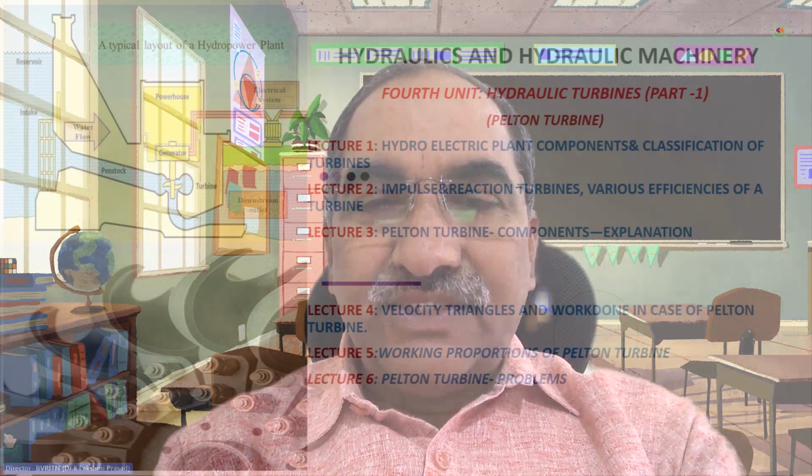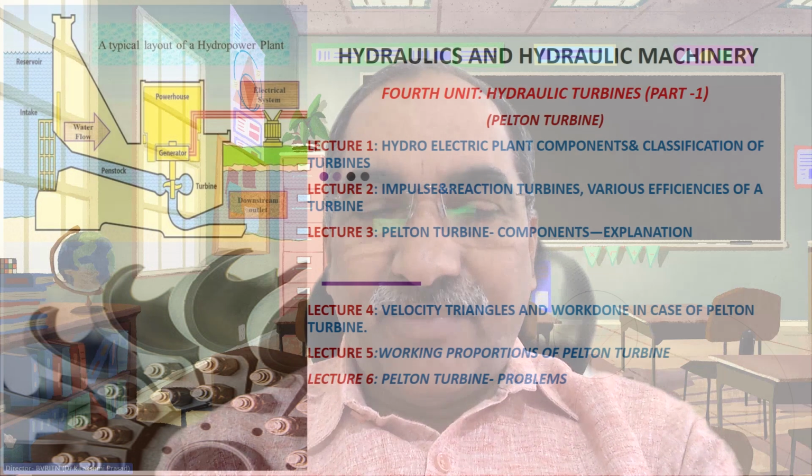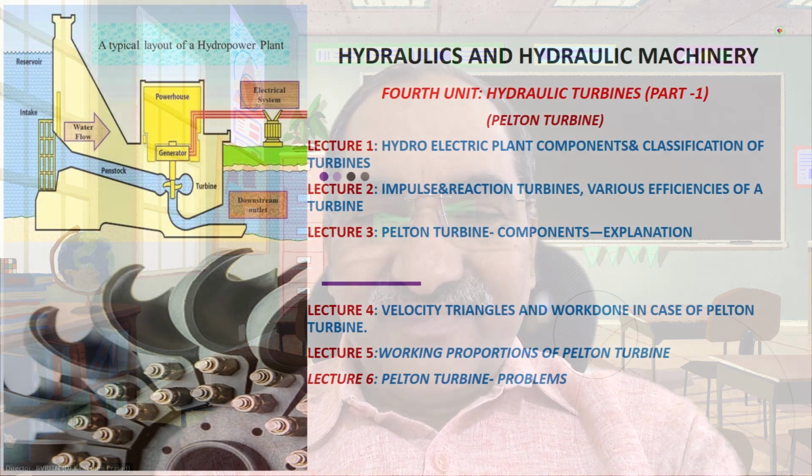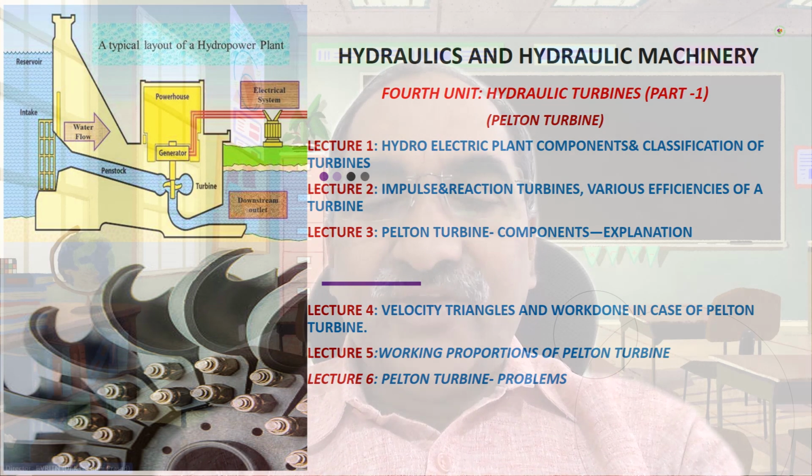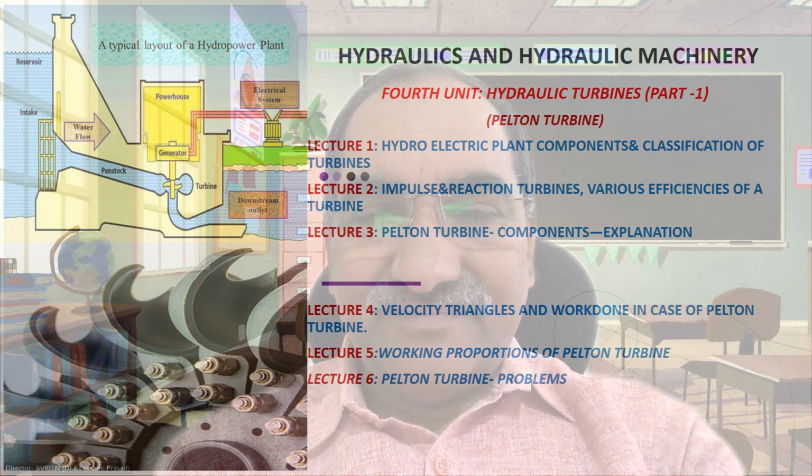In today's class, we will introduce unit 4, which is the hydraulic turbines. As an introductory part, first, what is a hydraulic turbine? Then, what are the components of a hydroelectric plant?